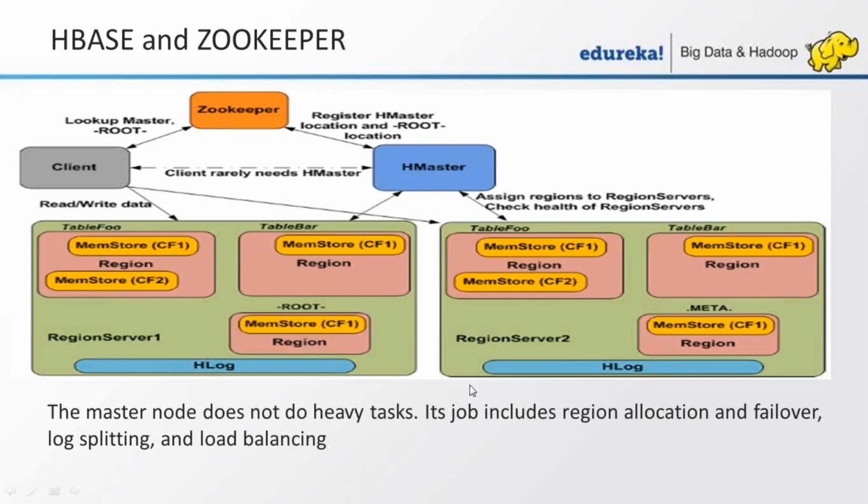ZooKeeper is used to coordinate and manage multiple components in a cluster to ensure that all the other components in the cluster behave in a consistent manner, so that one does not step on the other, right? To manage the order of the cluster, ZooKeeper is used, and it does this using the hierarchical ZNode structure. That is the function of ZooKeeper.